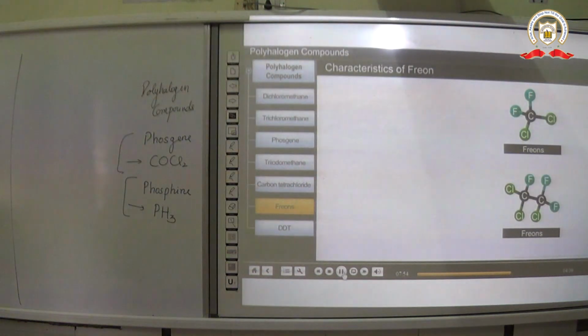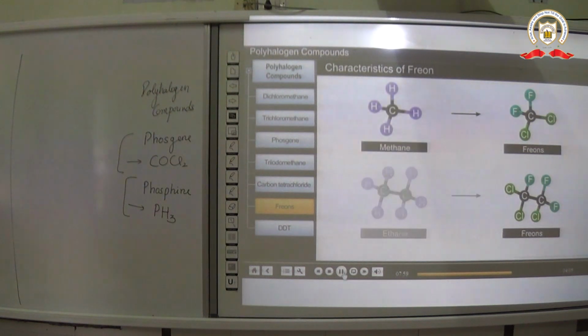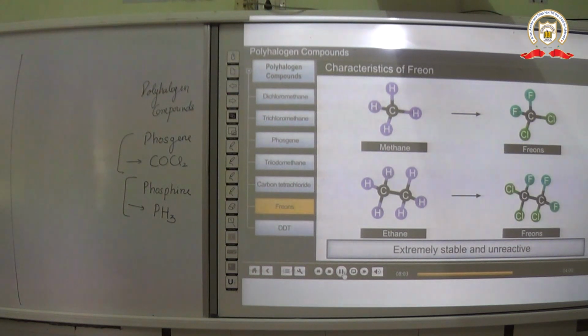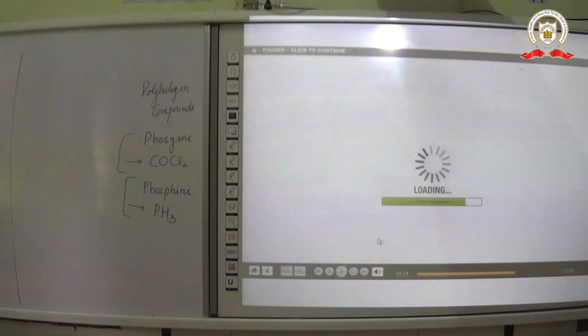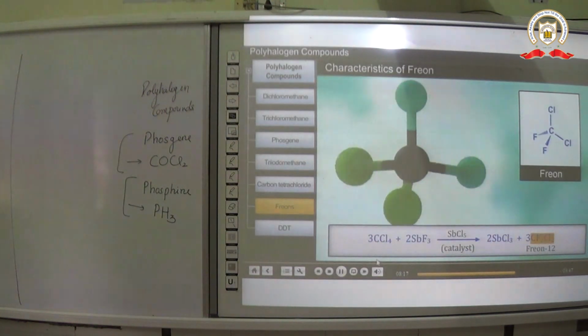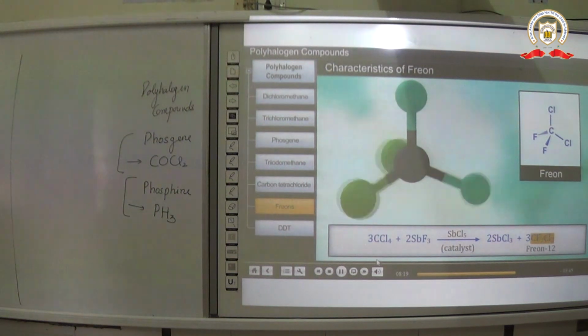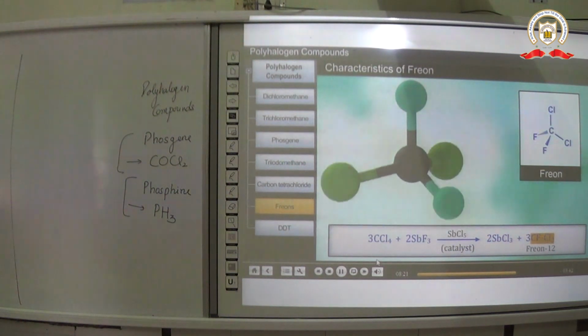Freon is a class of compounds that are chlorofluorocarbon derivatives of methane and ethane. These compounds are extremely stable and unreactive. They are non-toxic, non-corrosive, and easily liquefiable gases. Freon 12, illustrated here, was one of the most commonly used freons in the industry.